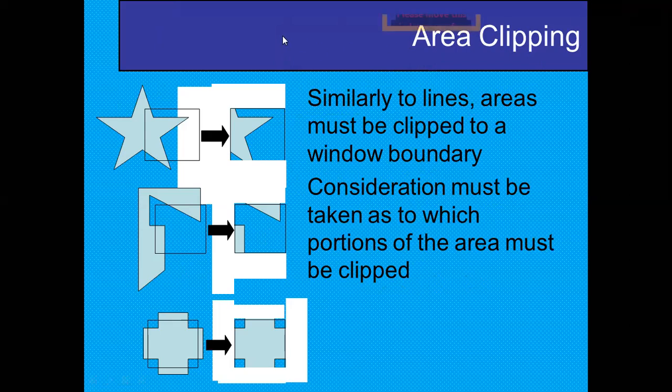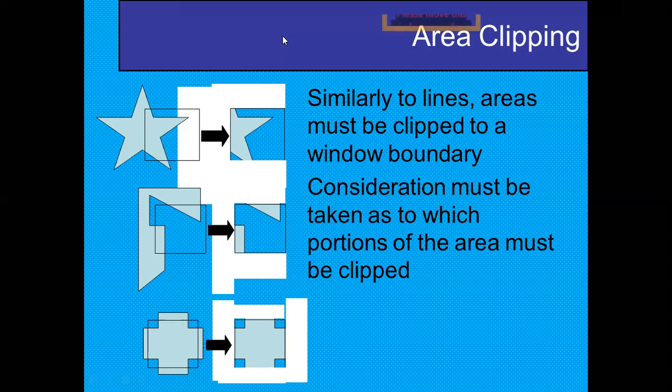So another algorithm is called the area clipping. So how we will calculate the area of the given image. Similar to the lines, here we will clip the particular portion of the image. Instead of the points or the lines, because in that case we check which line segment is lying inside the window, or which point is lying inside the window.